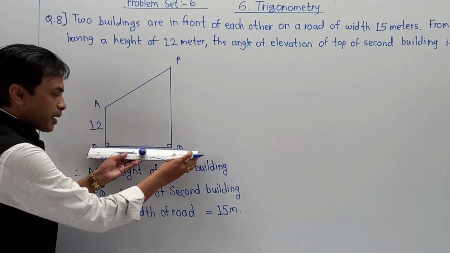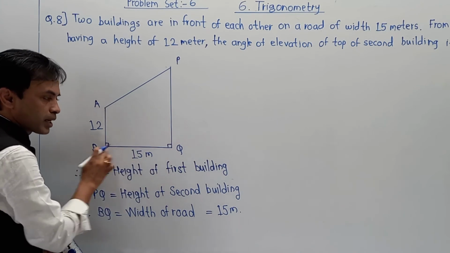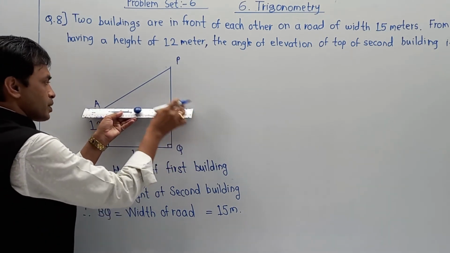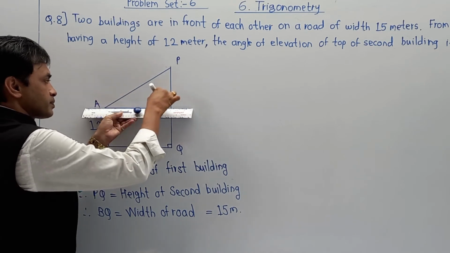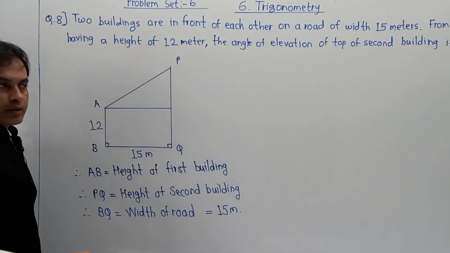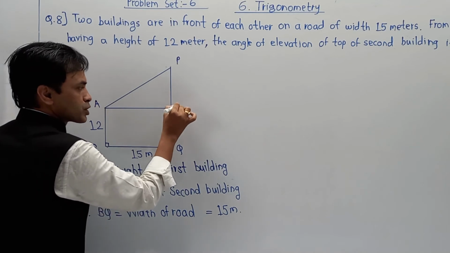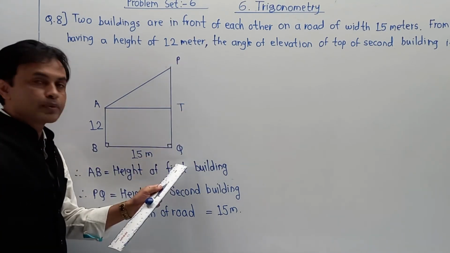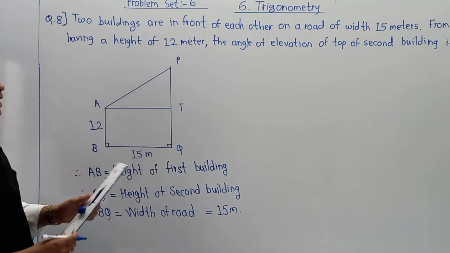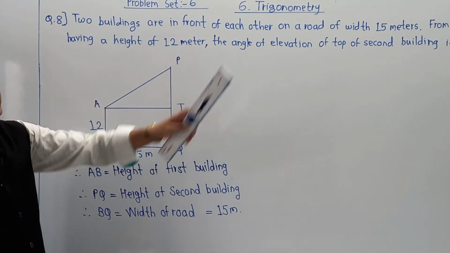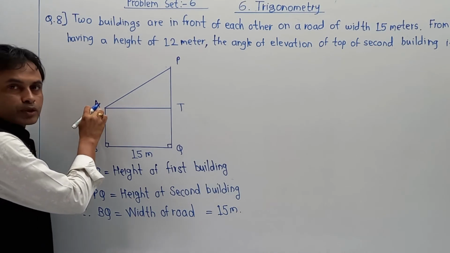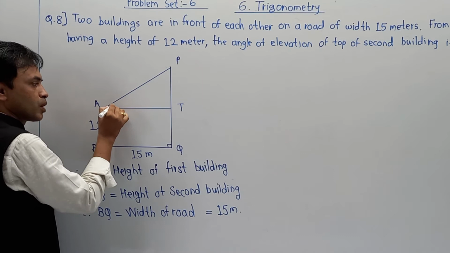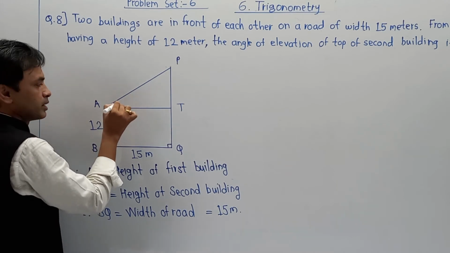So I have to create a line parallel to BQ which passes through A. Presently we don't know this point, so I am going to call this point T. This is a point on PQ, the height of the second building. From the top of the first building, if you observe the top of the second building, this angle, called theta, is 30 degrees.